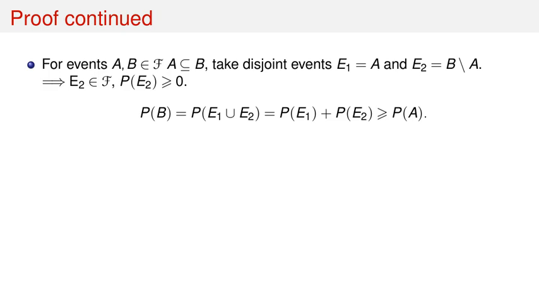Then P(B), which is P of E_1 union E_2, equals P(E_1) plus P(E_2) by finite additivity. As E_1 and E_2 are disjoint, this is greater than or equal to P(E_1), which is P(A). So P(B) is greater than or equal to P(A).